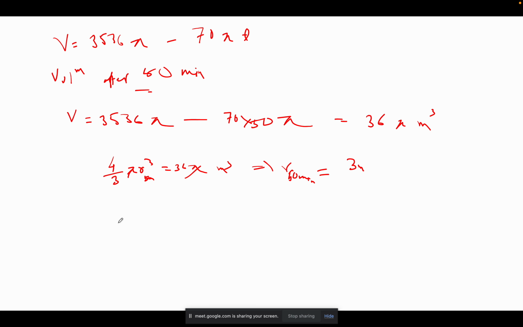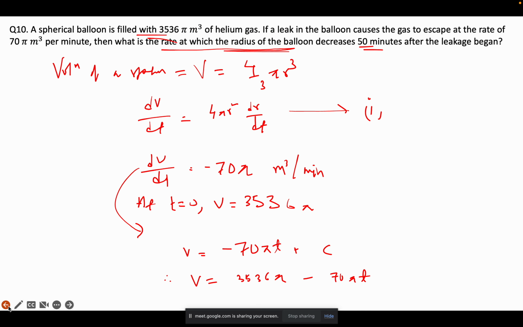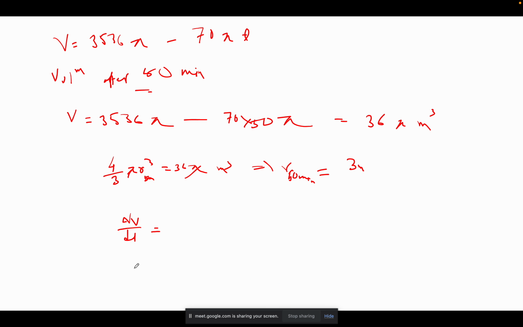Okay, now initially we have got one equation that dV by dt is equal to 4 pi r square times dr by dt. So we need to calculate the rate at which radius is changing. So dr by dt is nothing but 1 by 4 pi r square times dV by dt.